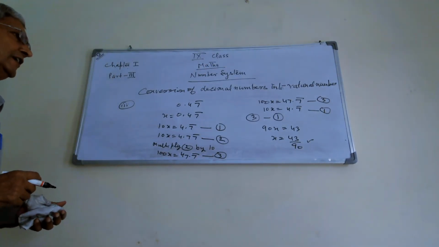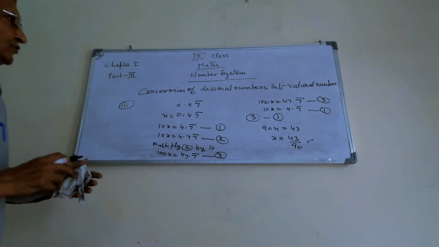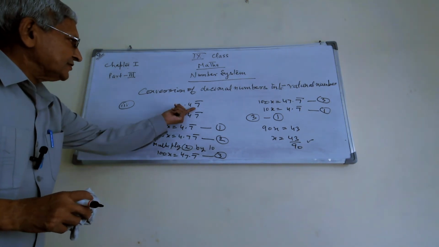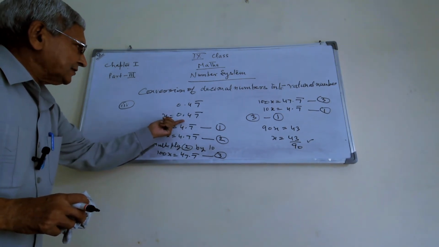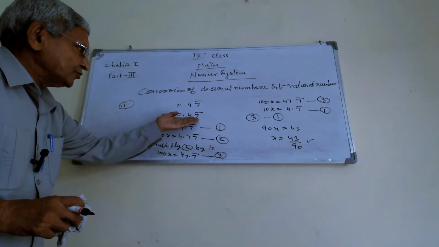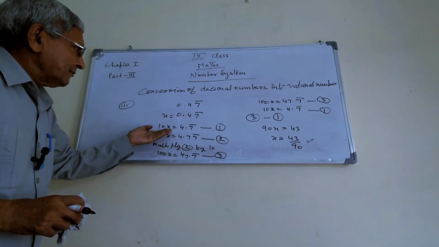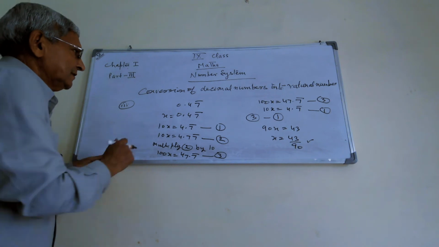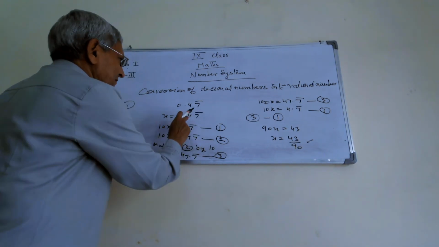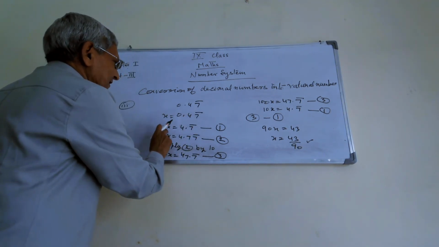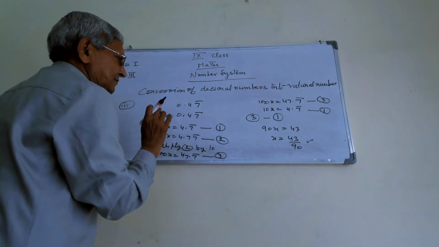So this is the number. I let x is equal to this and multiply by 10. Multiplying by 10, you will get 10x is equal to 4.7 bar.